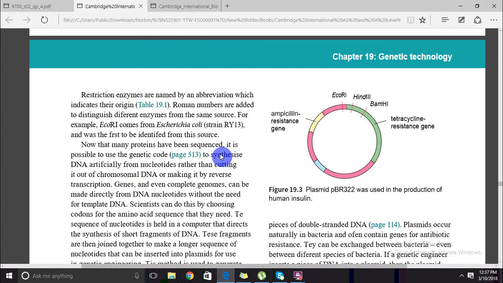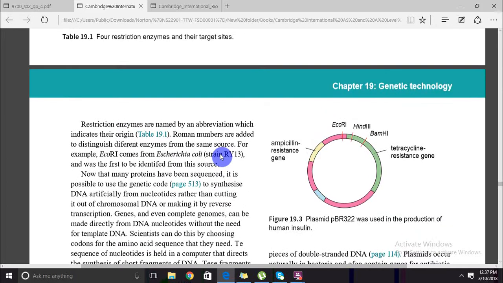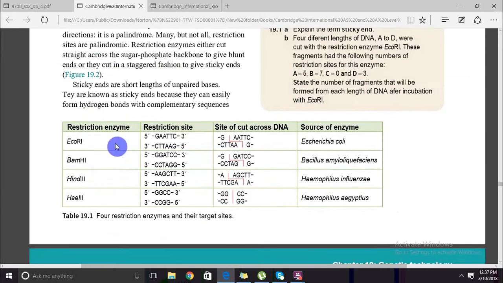So restriction enzymes are named by an abbreviation which indicates their origin. So EcoRI is the name of the restriction enzyme, and it is called E. coli because it is derived from the bacteria E. coli.